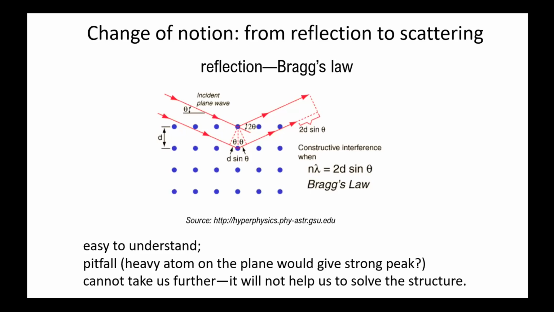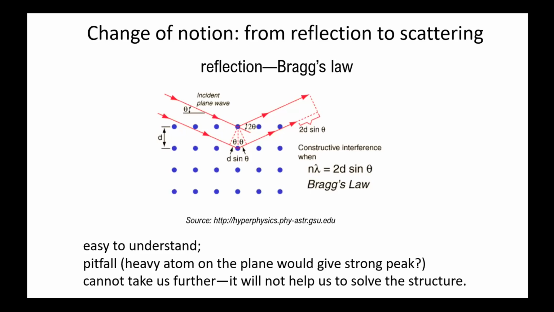You probably already know that the intensity relates to all the atoms in the unit cell and their positions. It has nothing to do with what atom is sitting on what plane. There's no such relationship, and it is probably counterintuitive if you resort to this kind of reflection picture.